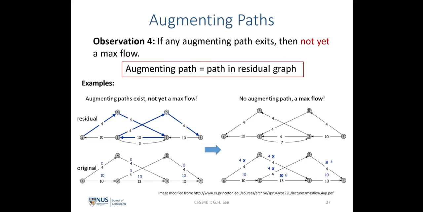Now we can use the residual graph to define what is called the augmenting path. An interesting observation, which is our fourth observation in the graph algorithm, is that if any augmenting path exists, then we have not yet reached a maximum flow. We will simply equate the augmenting path to be a path in the residual graph.